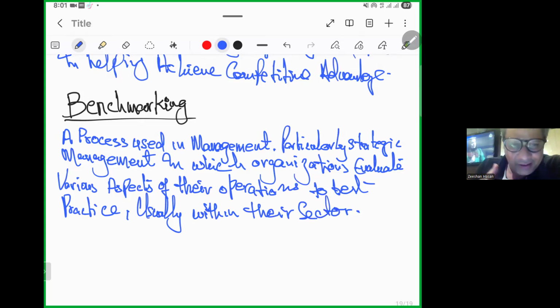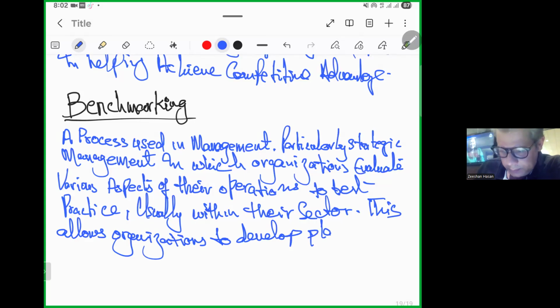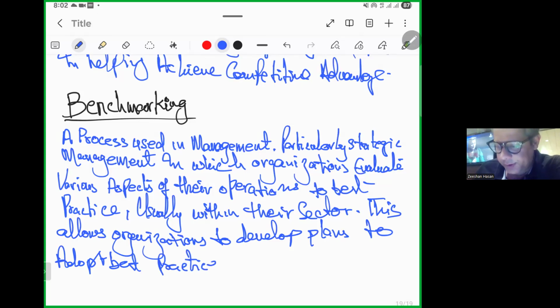This allows organizations to develop plans to adopt best practices to improve performance.